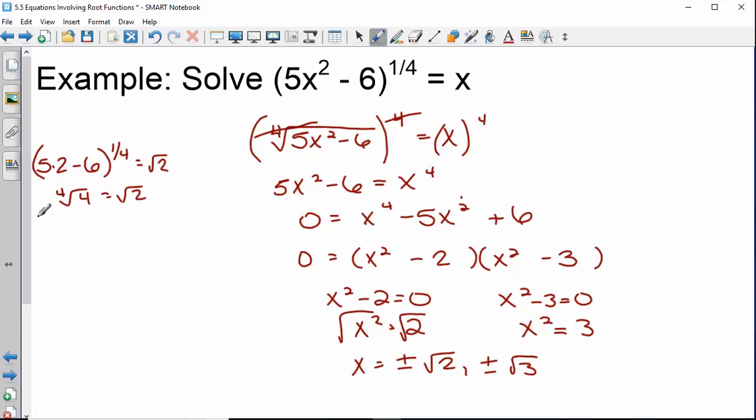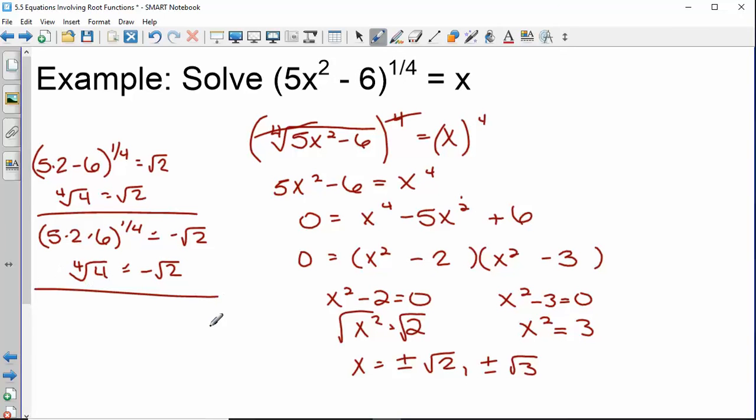If you put in negative radical 2, negative radical 2 squared is still 2. Then this would be a negative. Does the 4th root of 4 equal a negative radical 2? No. The negative isn't going to work. It's a positive. Okay, so far, radical 2 works.